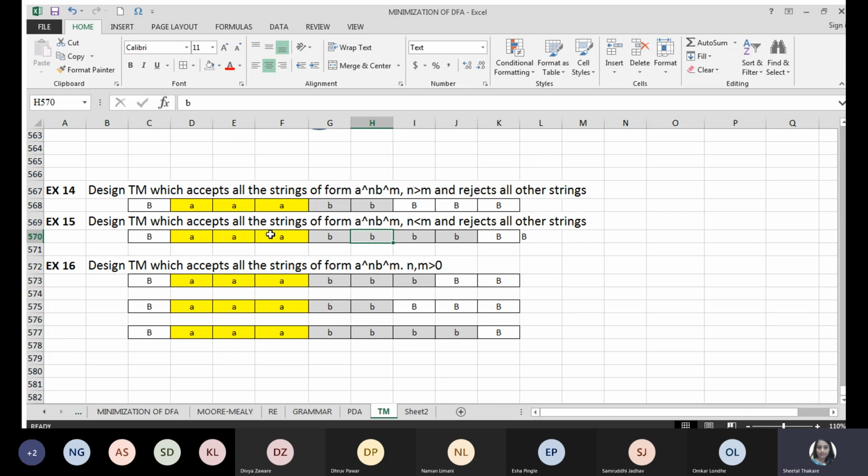You are keeping left only unless and until you encounter X. As soon as X is encountered, you move to its right. Right means you are expecting A, but you found B. It means number of B's are more in this case, and that is the format of language. So that's the accepting condition.